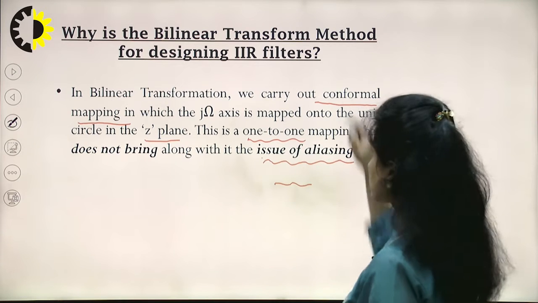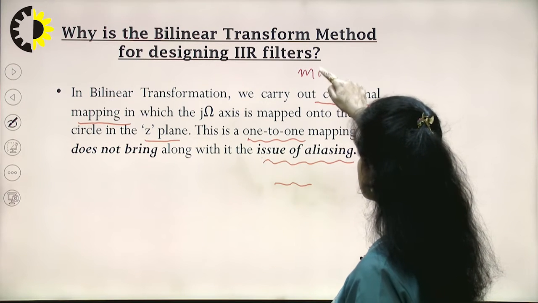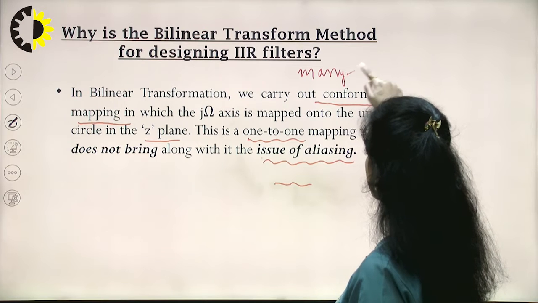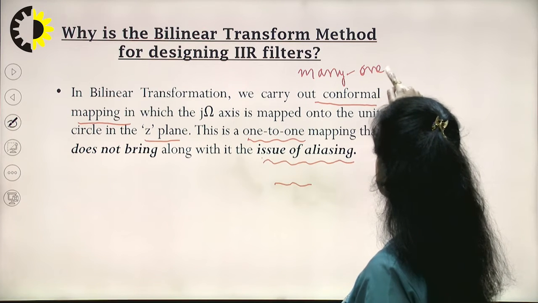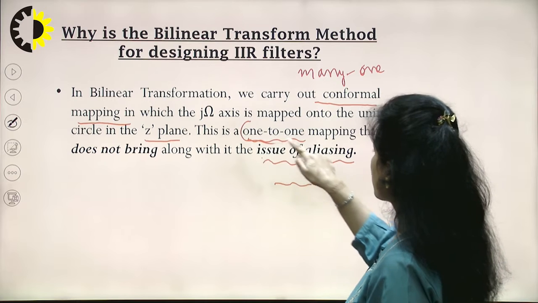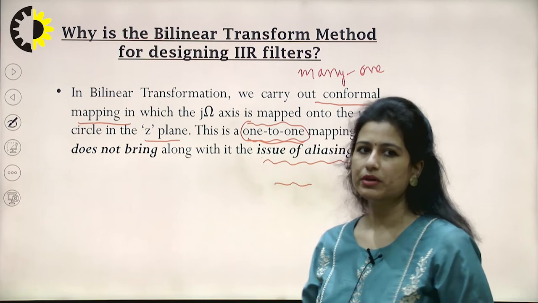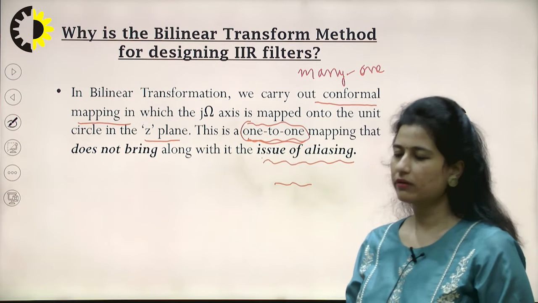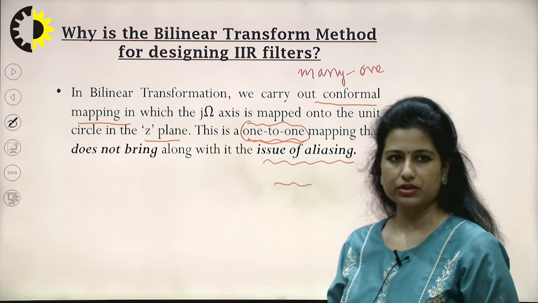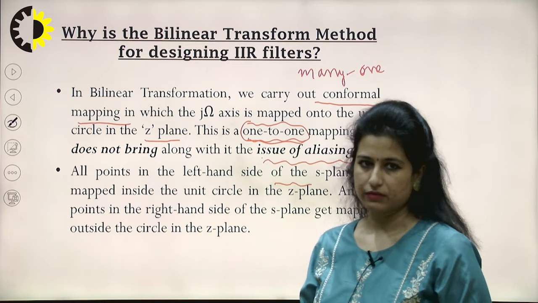That many-to-one mapping is now converted into 1-to-1 mapping, and because of this, the issue of aliasing would be removed when we transform the analog filter structure or analog transfer function using this bilinear transformation.